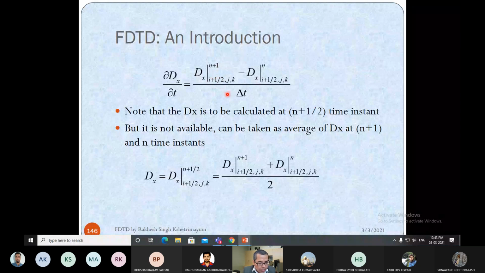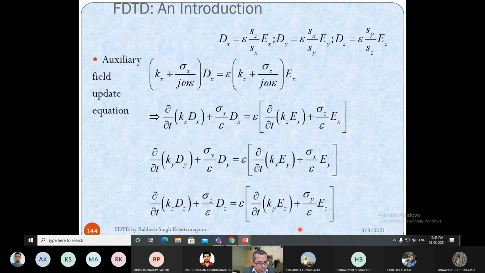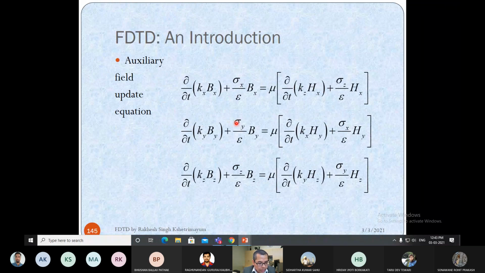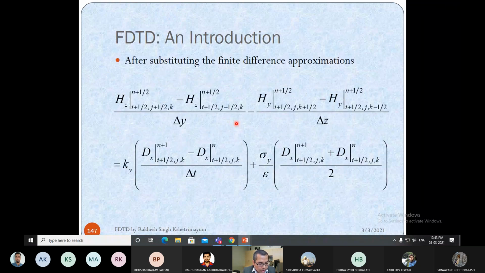One more thing is that on the right hand side you have something like Dx. Let's go back. What do you have here? Dx here, Dx here. So this is del by del t of Dx, but this is Dx here. We don't know the value of Dx at n plus half.